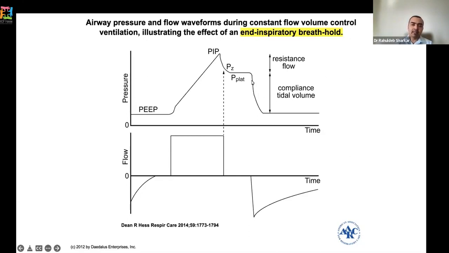In that situation, the pressure we get might be lower than the actual plateau pressure that we should measure. So too short is bad and too long is bad as well. It might be a topic of question as to what the implication would be if the breath hold was shorter or longer than required. That is the concept that one needs to understand. We all know an inspiratory breath hold is needed for plateau pressure, but a shorter or longer breath hold might be bad in measuring it. So I thought I'd mention that.